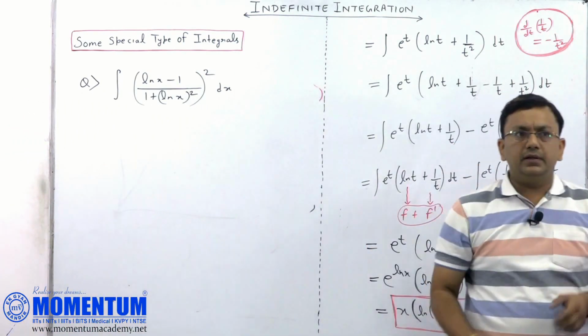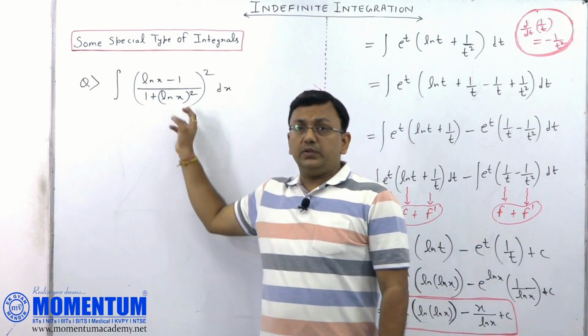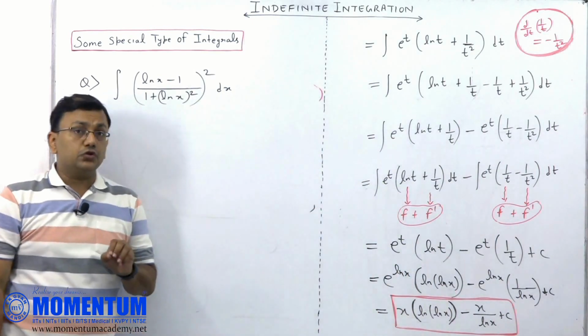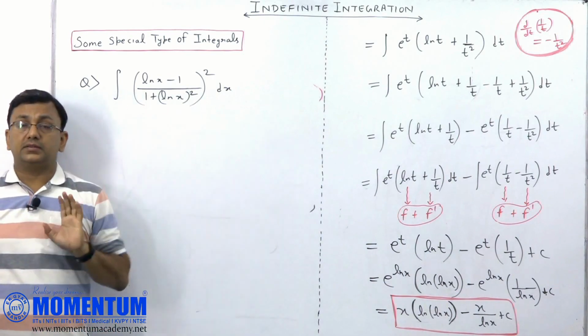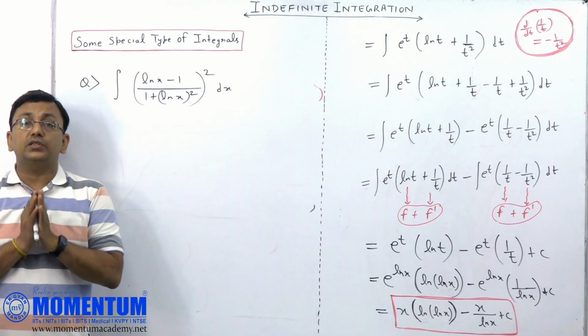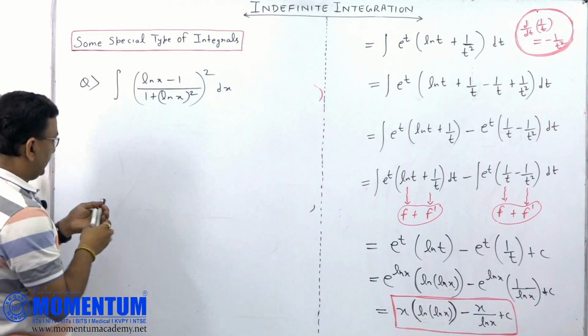Similar kind of logic we can have here. The problem has no e to the power, but the problem has ln x. So we should substitute ln x. Further ahead there may be a chance of special integral number 2. Try it. I am doing it.